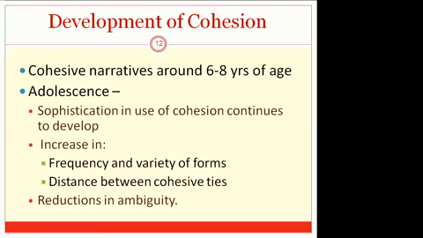However, cohesion continues to develop throughout the school years, and by adolescence, we expect students to be more sophisticated in their use of cohesion, as evidenced by an increase in the frequency of cohesive ties inside stories, as well as a greater variety of the forms of cohesive ties.